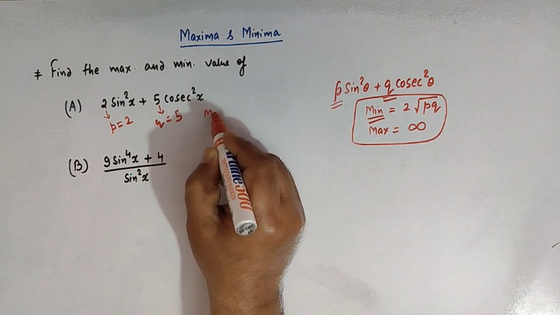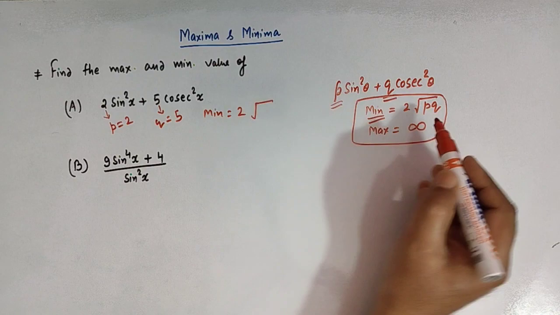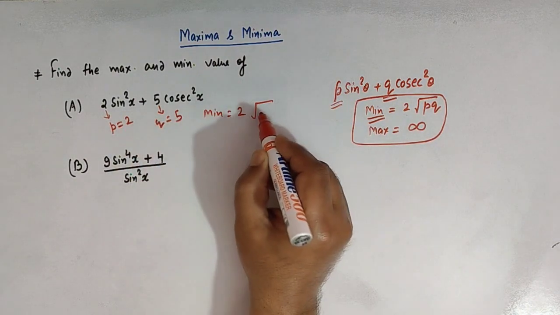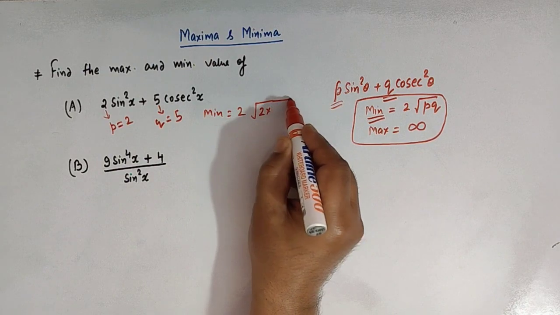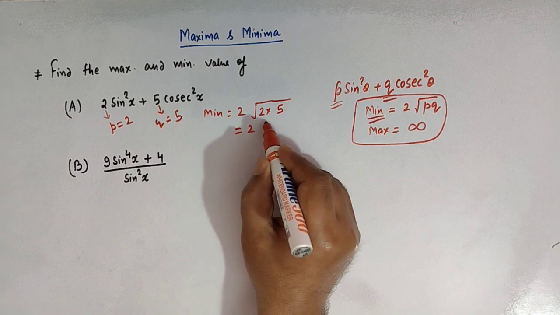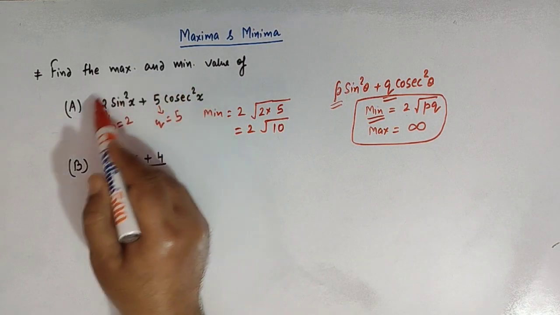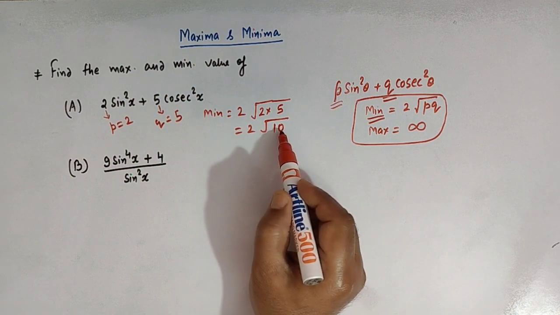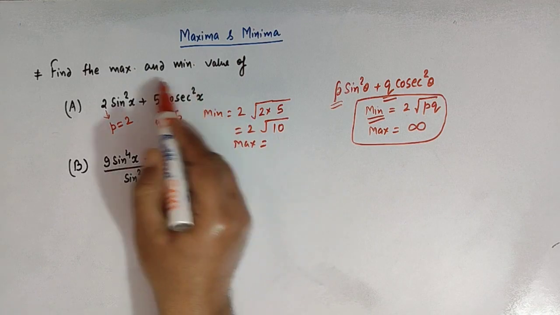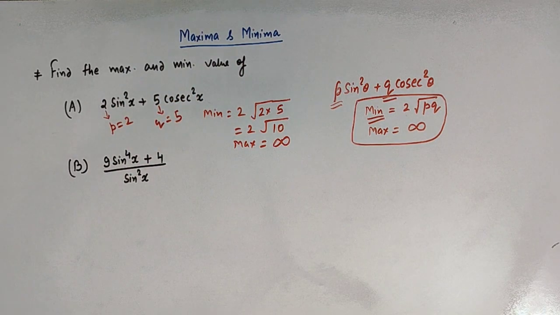So the minimum value of this expression is 2 times square root of the product of P and Q. So here we have the value of P as 2 and the value of Q as 5, right? So we get 2 times square root of 10, right? So the minimum value of this expression is 2 times square root of 10, and the maximum value of this expression can be directly written as infinity.